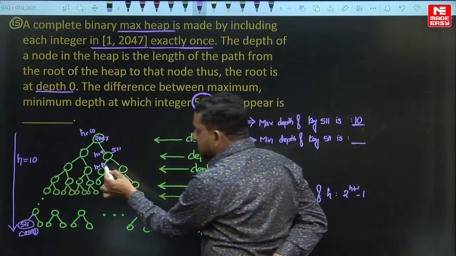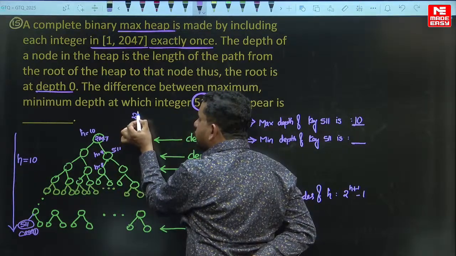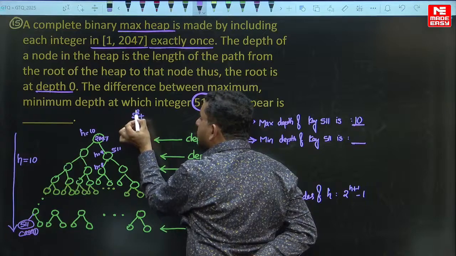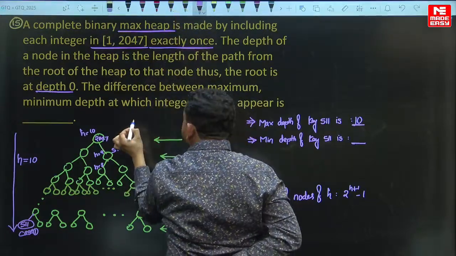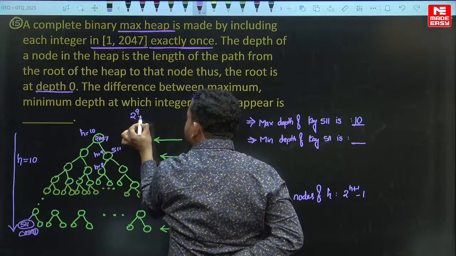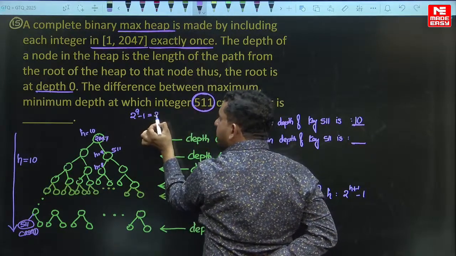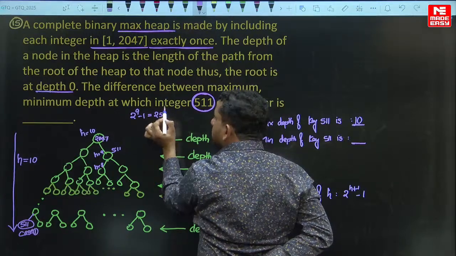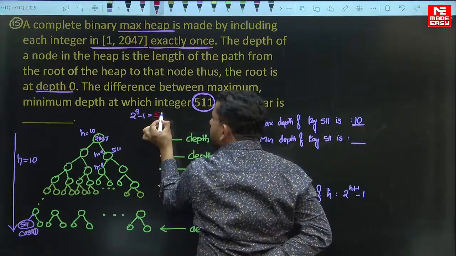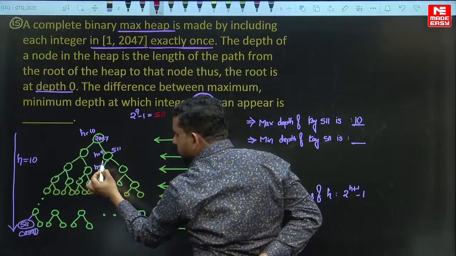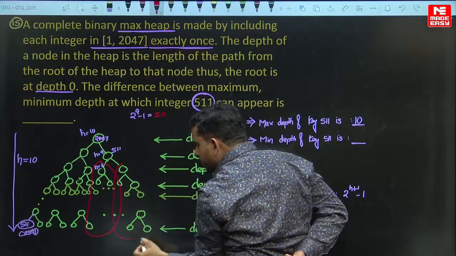So this subtree has 2^9 minus 1, which is 511 keys, and the other subtree also has 511 keys.